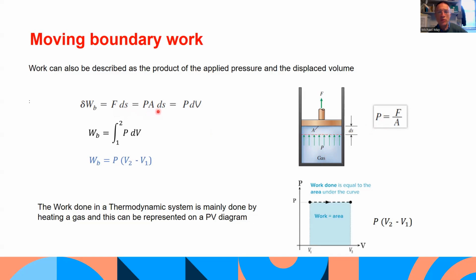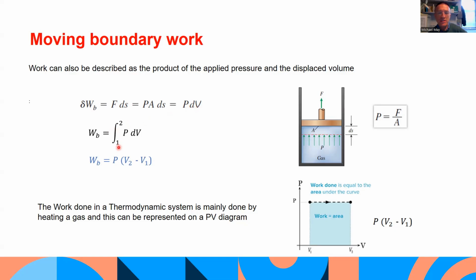There's another important relationship in there, and it's that the area times the distance displaced will give us the differential volume that's displaced. And so our boundary work equation, we want to find the total work done between two states.